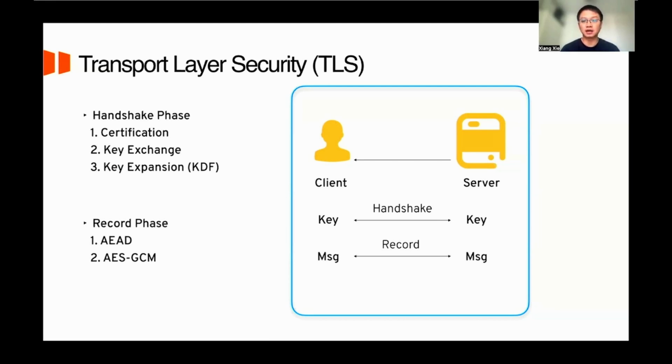As long as the client and the server have shared session keys, they can communicate with each other encrypted, using different cipher suites. Here we are interested in the AEAD cipher suite, or more specifically, AES-GCM.